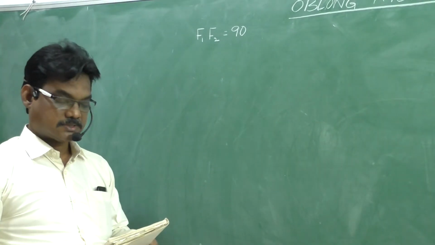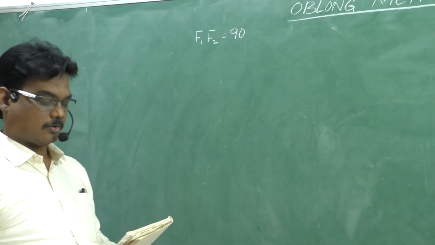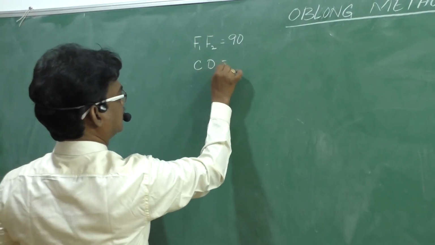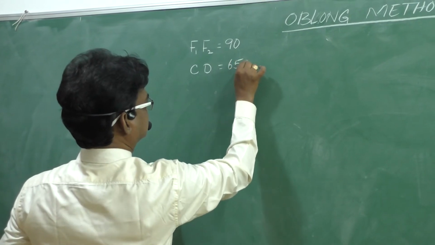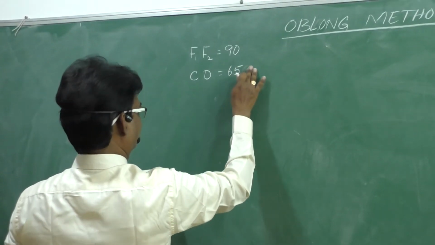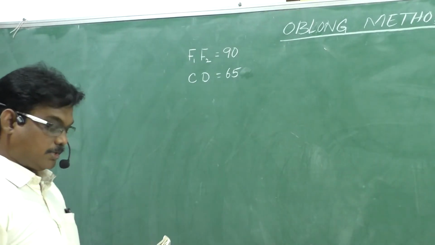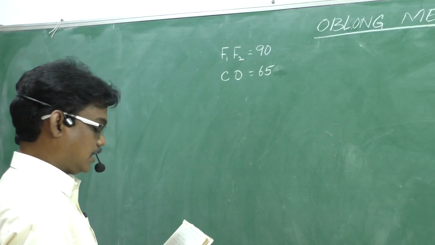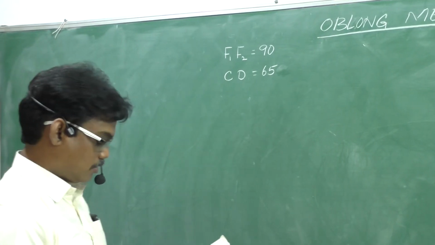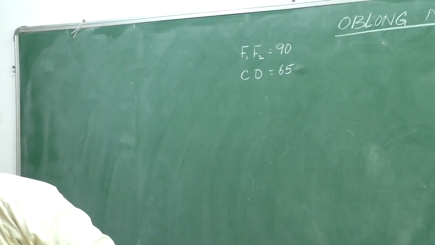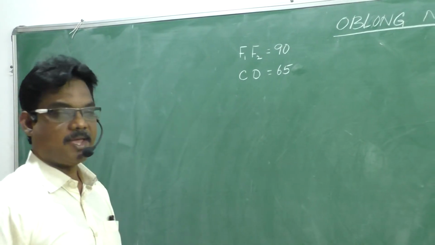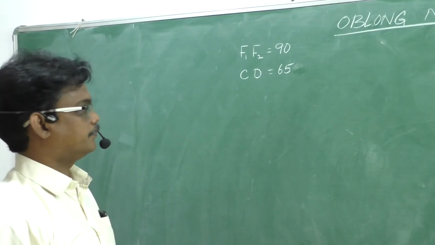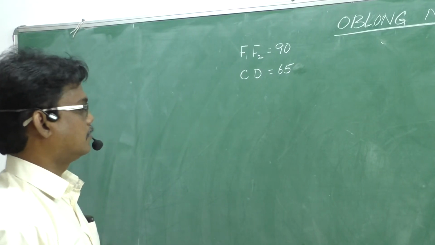The minor axis, which we can call CD, is 65 mm long. Determine the length of the major axis and draw the ellipse by using the oblong method.